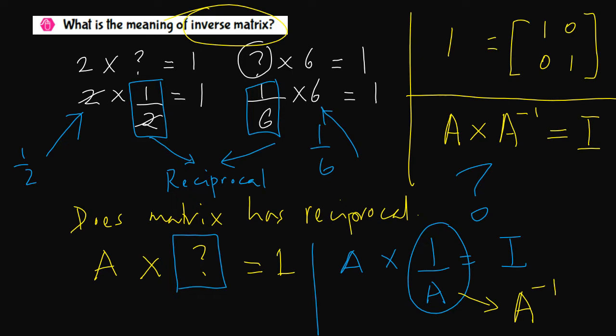Yes, we have the inverse matrix. So normally we write the inverse as A minus 1. We don't write it like 1 over A. That's how we label the inverse matrix.